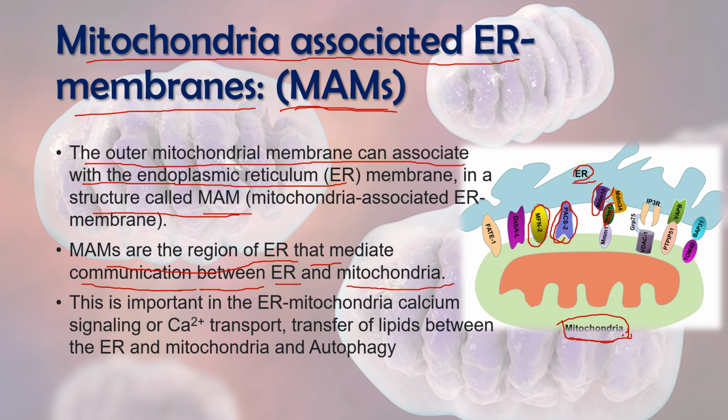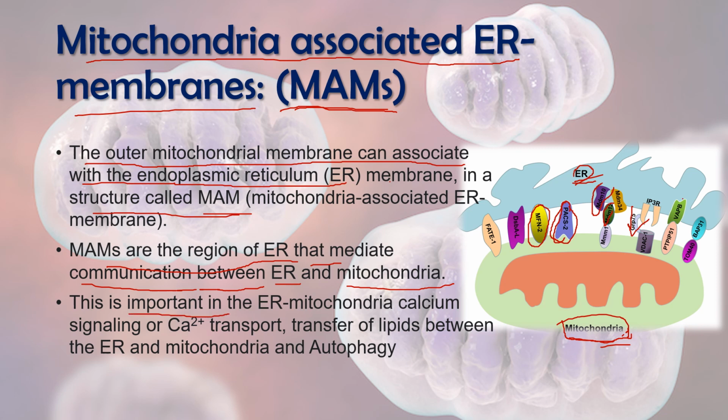In this picture, this is the endoplasmic reticulum and this is the mitochondria. The junction of these two organelles is studded with lots of protein molecules that help in establishing communication between them.